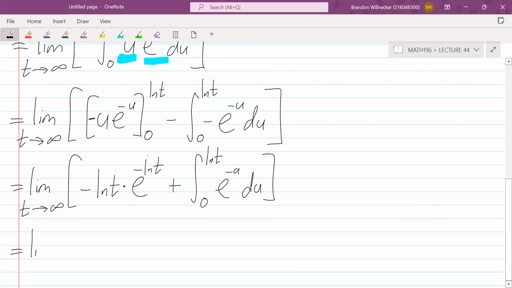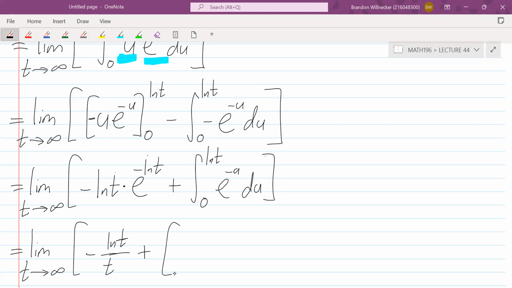So this is going to be the limit as t goes to infinity of minus the natural log of t, and e to the minus natural log of t, that's 1 over t. So we have minus 1 over t with the natural log of t at the top. Something like that. Plus, and then we integrate this again. So we have minus e to the minus u going from 0 to the natural log of t.